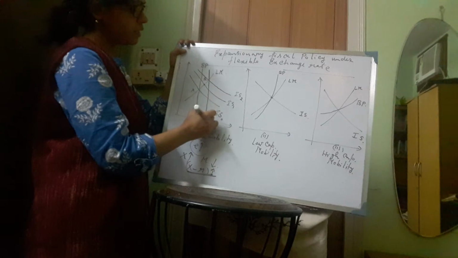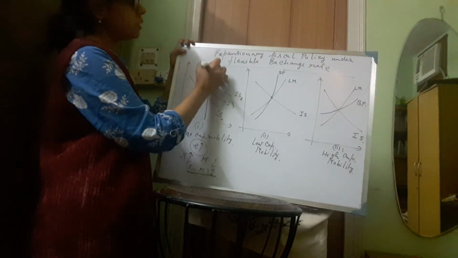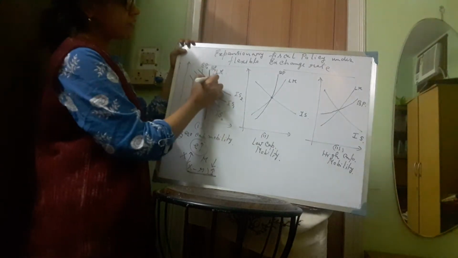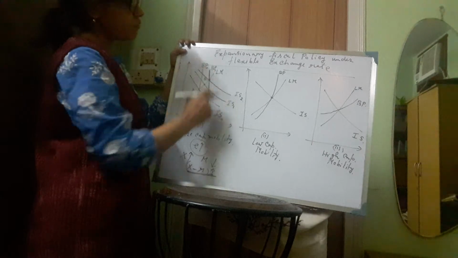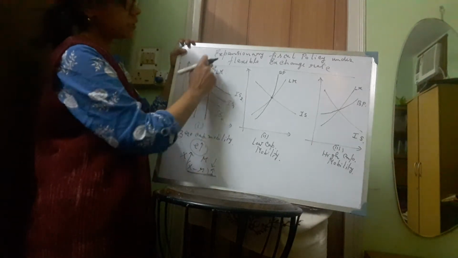So suppose this is BP0 and this is BP1. We will have an intersection between BP1, the new IS schedule, and the LM curve.